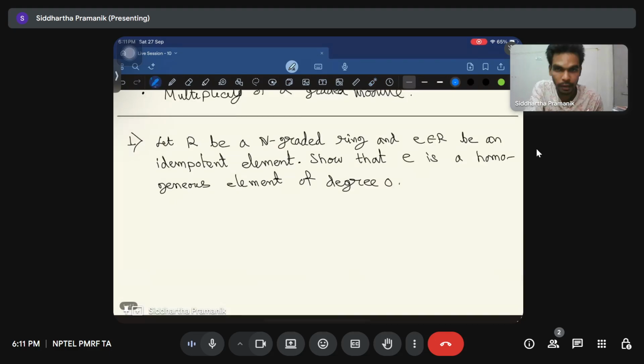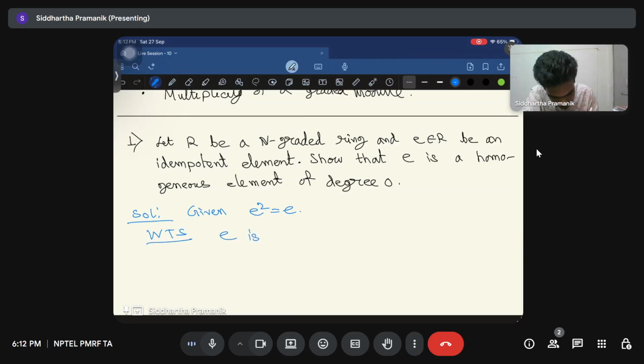So let's solve this. Given that e squared equals e, and we want to show that e is homogeneous of degree 0.